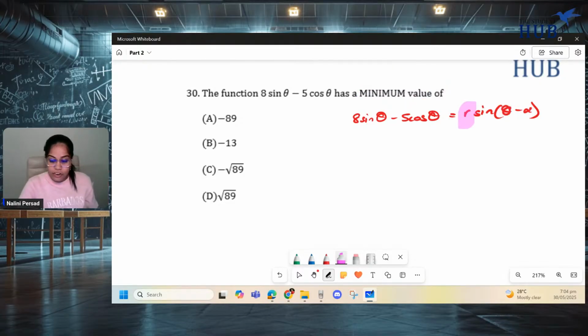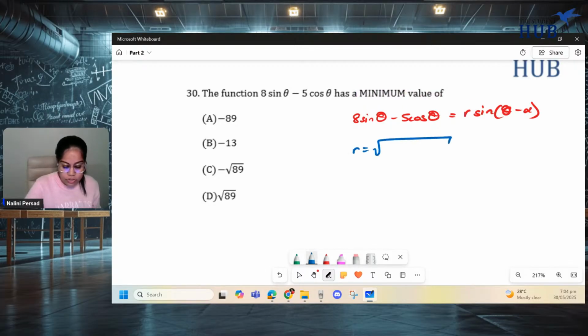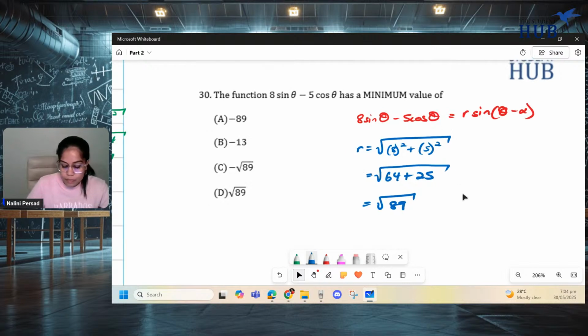You see that r, that will affect the minimum and maximum values. To find r, it's the root of 8 squared plus 5 squared, which is the root of 89, right?